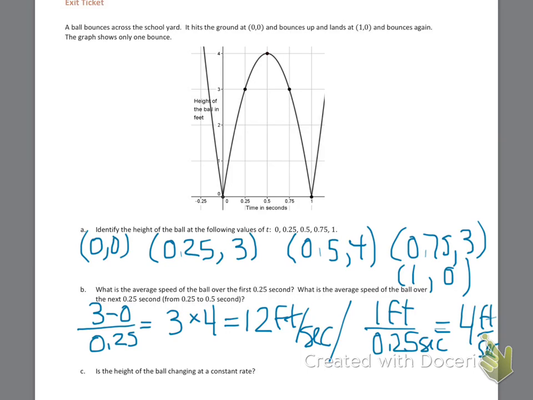So 4 feet per second in that second time interval. Then part C says, is the height of the ball changing at a constant rate? Well, no, it's not. How do we know that? If the ball was traveling at a constant rate, we would have constant average speeds, and we don't. Clearly, it went a lot faster in the first quarter second than it did in the second quarter second.